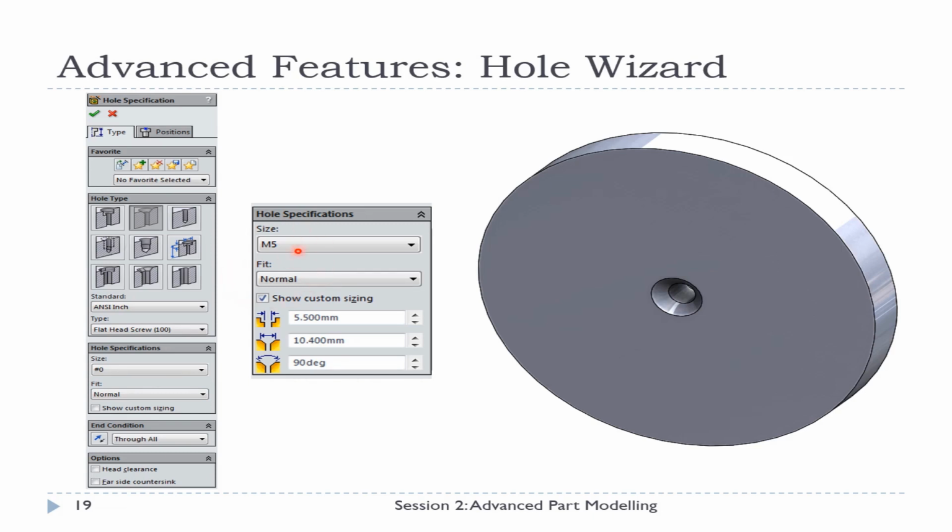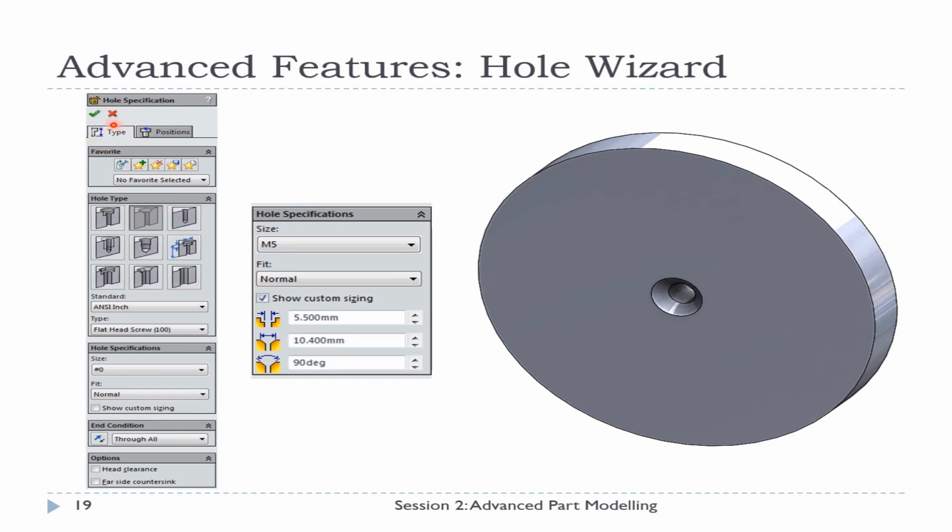So based on your selections, the default or standard sizes will be generated by the software, but you can also override any of these existing parameters. Once you define the hole specs, you can define the end condition, and you can also select different options based on the hole type that you are creating.